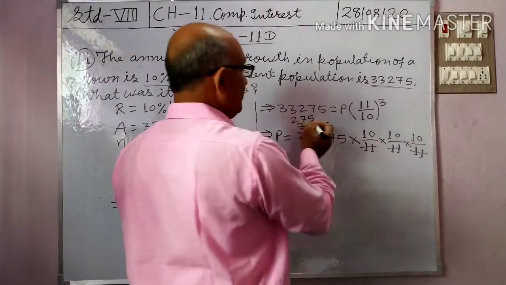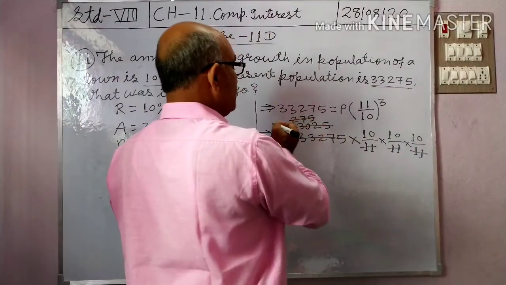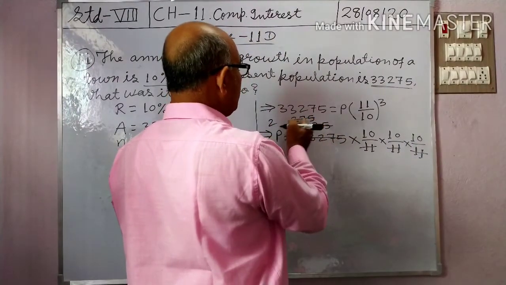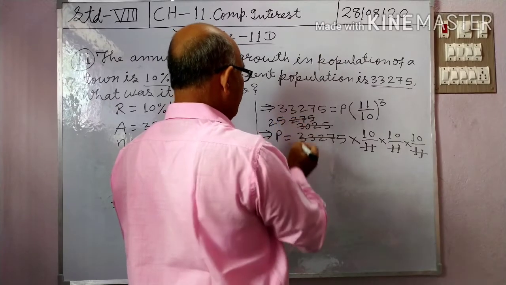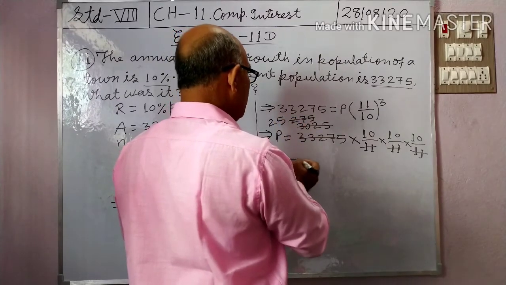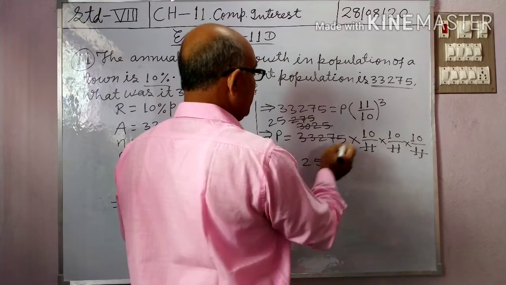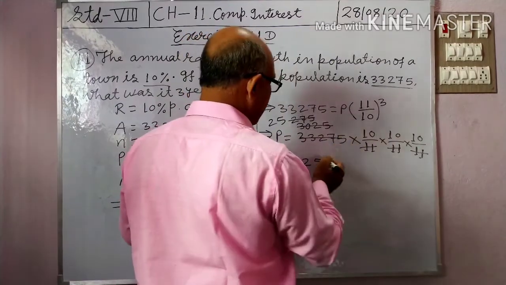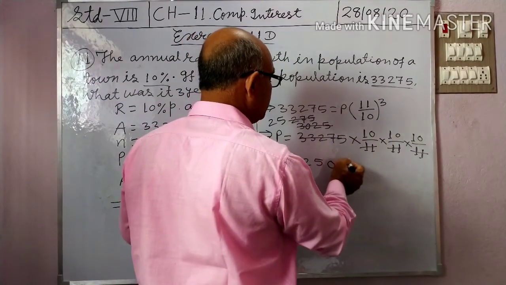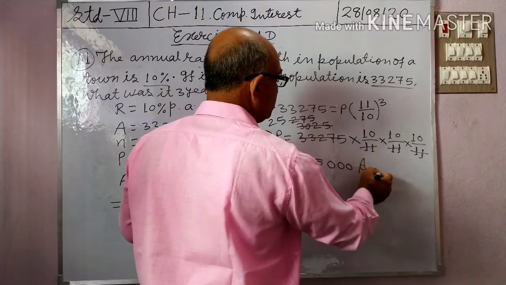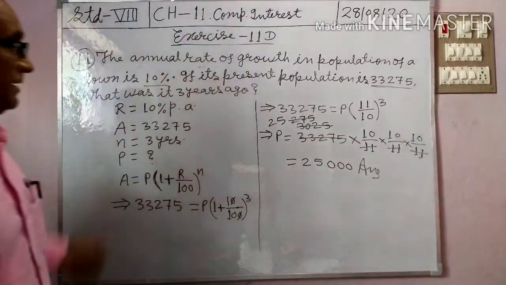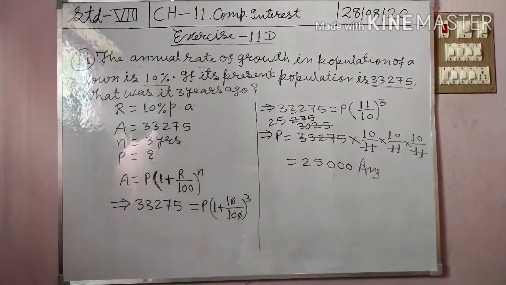Now again divisible by 11. So 11 twos are 22, 11 fives are 55, equal to 25 into 10 into 10 into 10. That means 25,000. Answer. Understand and write it.